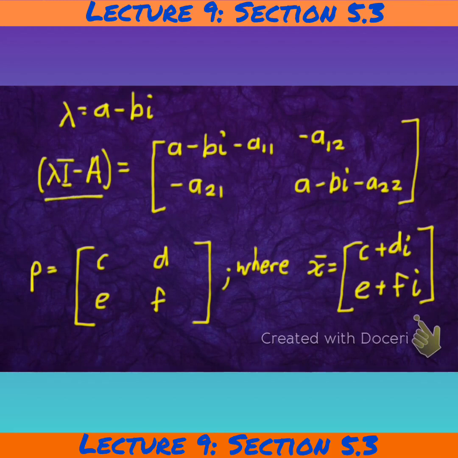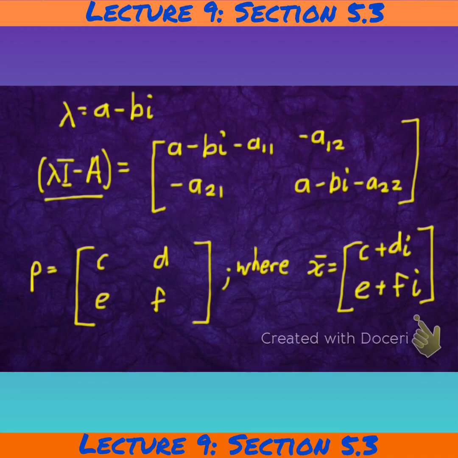We set up this matrix, and then we look at where that matrix is not invertible, or in other words, where the determinant is 0.